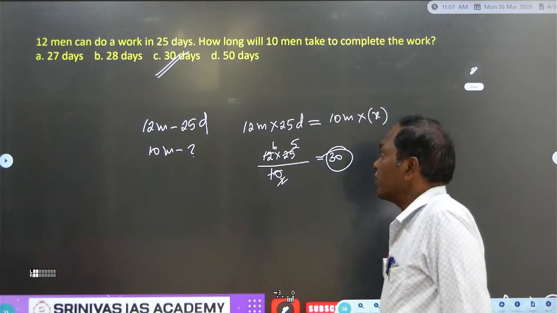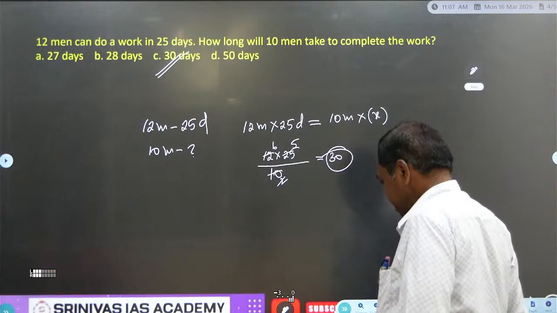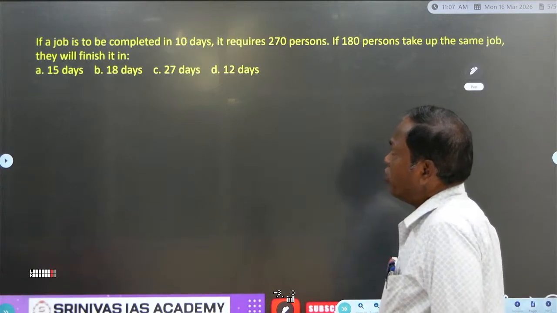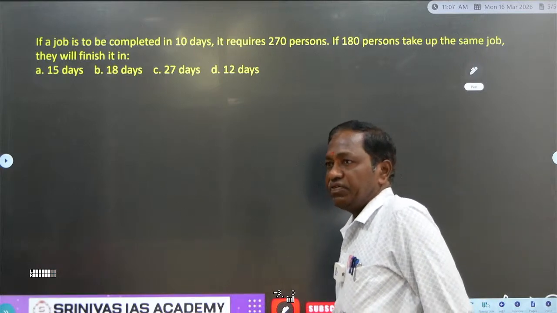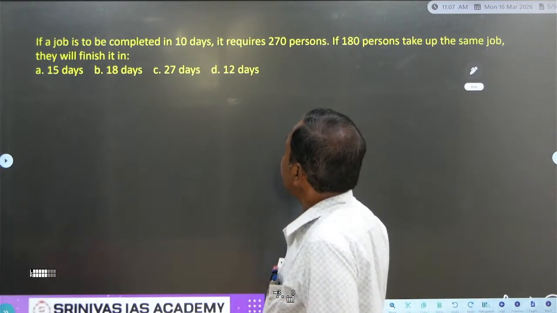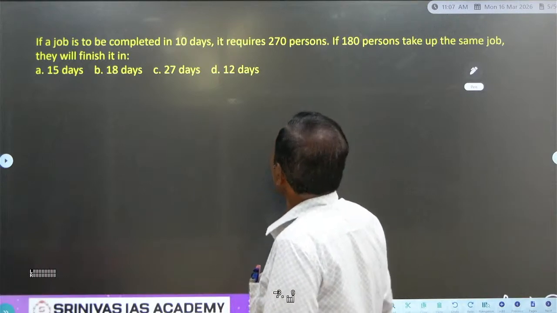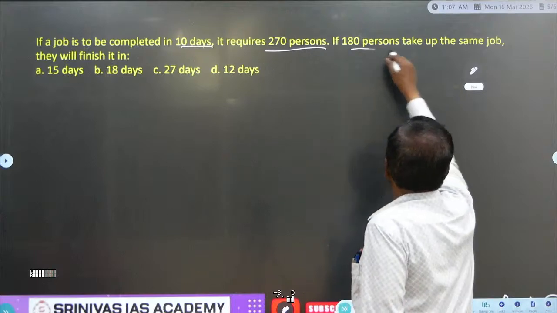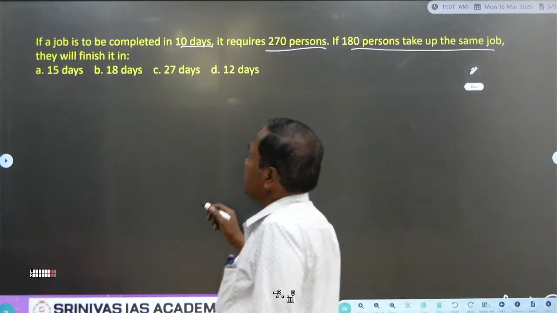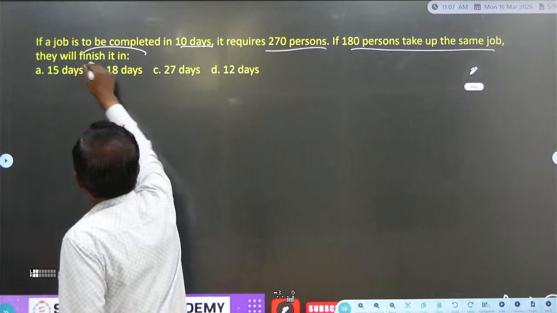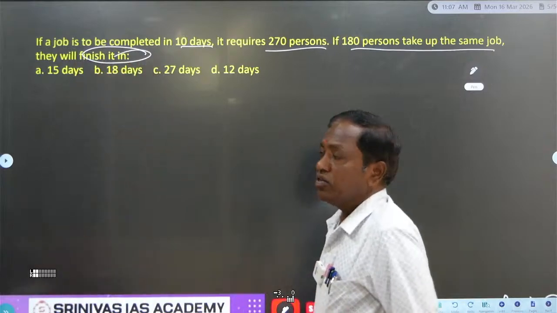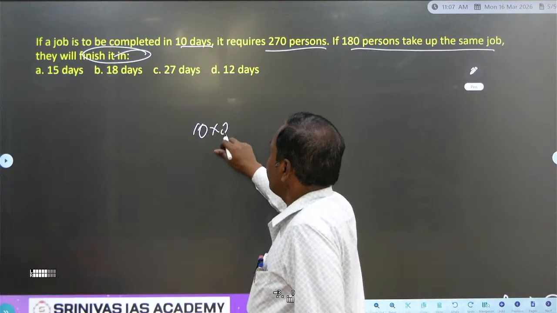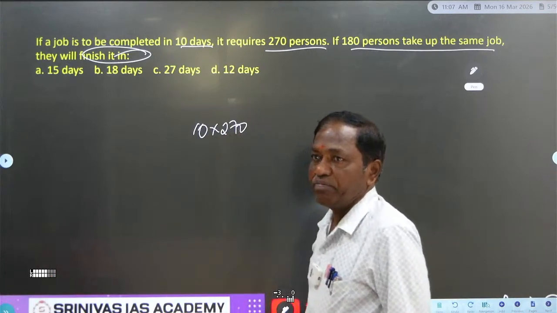Now we can see: if a job is to be completed in 10 days, it requires 270 persons. 180 persons take up the same job. In how many days do they finish? Same thing. You can take the total man-days, 10 into 270. So many days we need to complete the job.